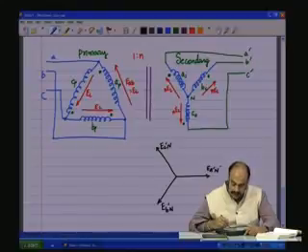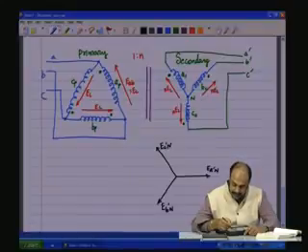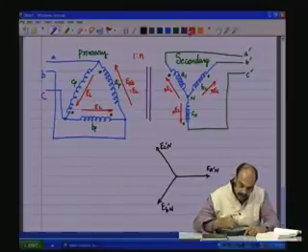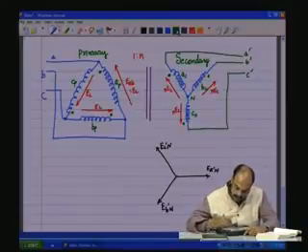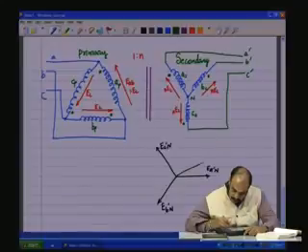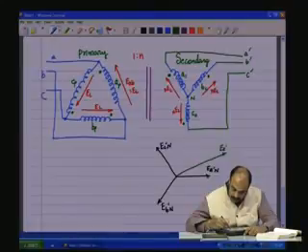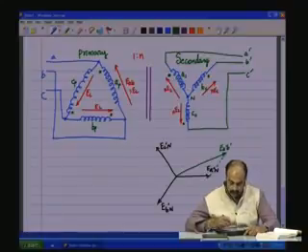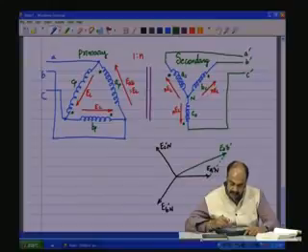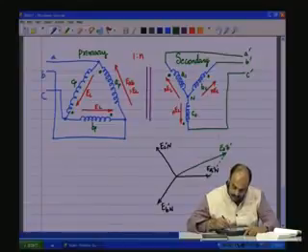Now, the line voltage, that is A dash, E A dash B dash, is 30 degrees leading, and I will show that as a different line, 30 degrees leading like that. This is E A dash B dash, which is nothing but E A dash N minus E B dash N, which is what we have shown here.